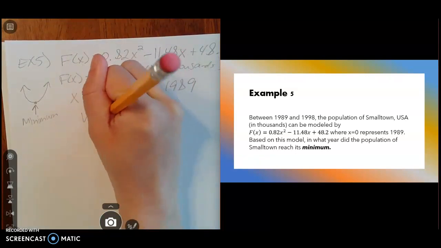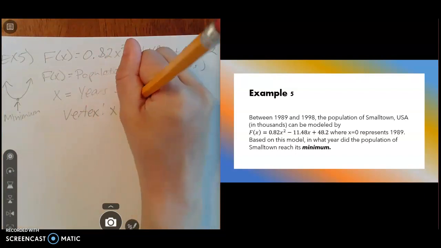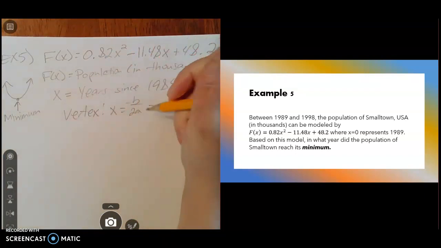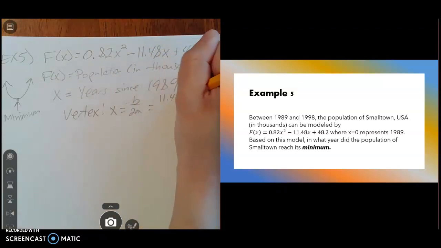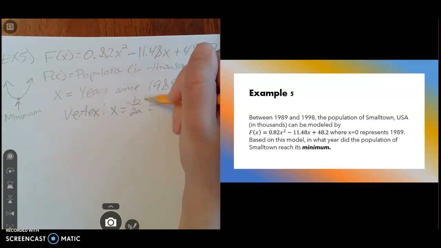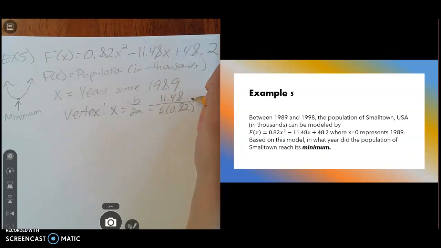So for our vertex, the x value, what we're going to do is negative b over 2a. So the opposite of negative 11.48 would be positive 11.48. 2 times a, you do 2 times 0.82. All right, so let's see, 2 times 0.82 is 1.64.